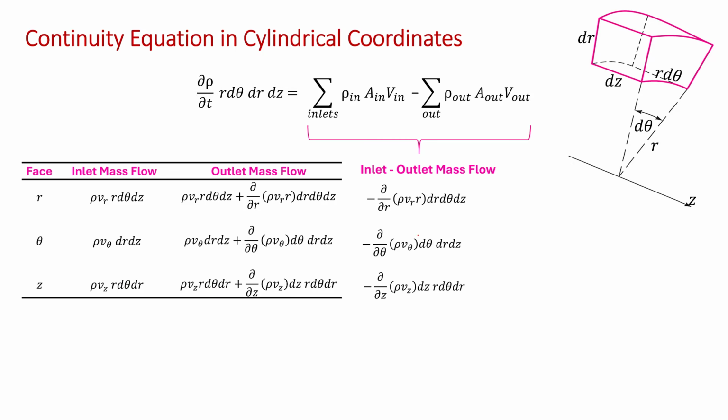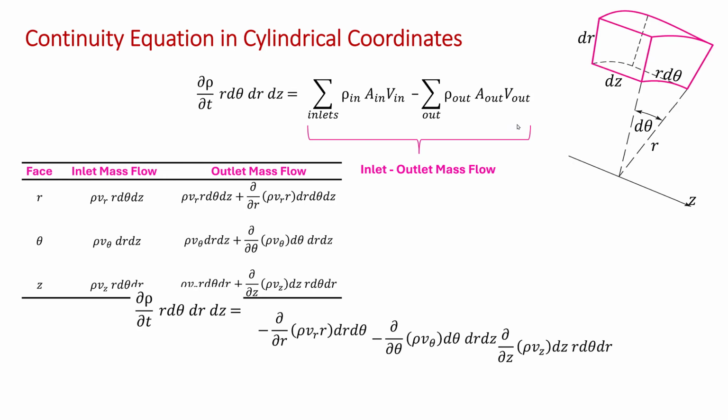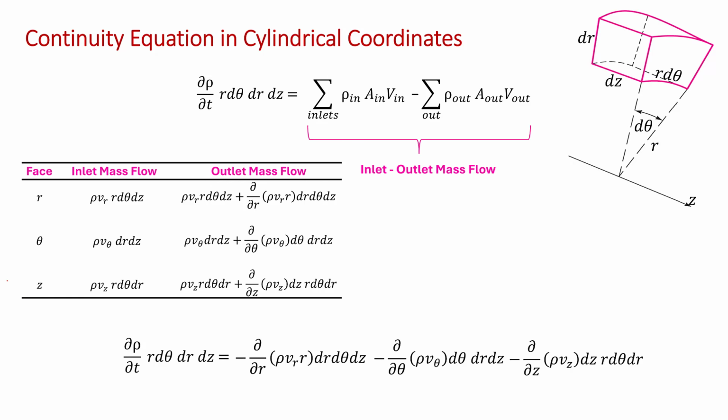Now, these three terms need to be substituted back into the right-hand side of our continuity equation, and that's what I've done here. You can check my algebra. In this equation, each term contains dr, dθ, dz, and so we can divide through by dr, dθ, dz.